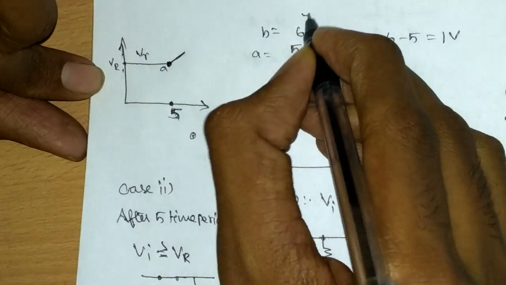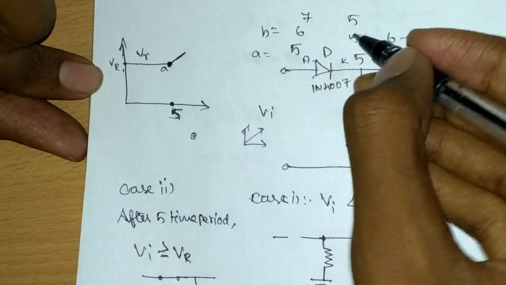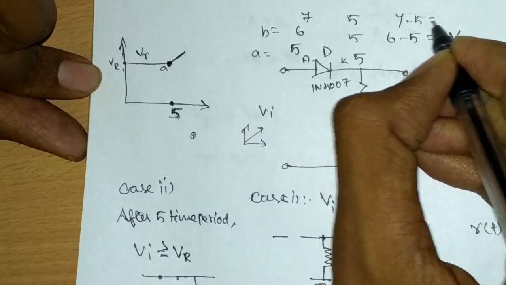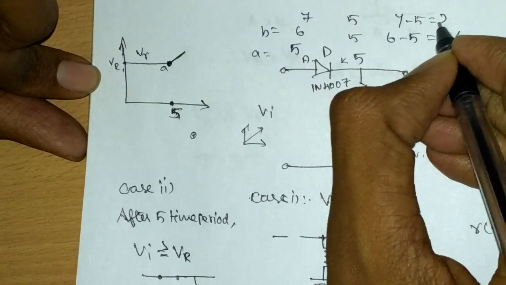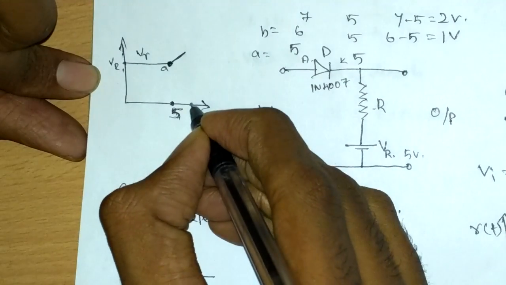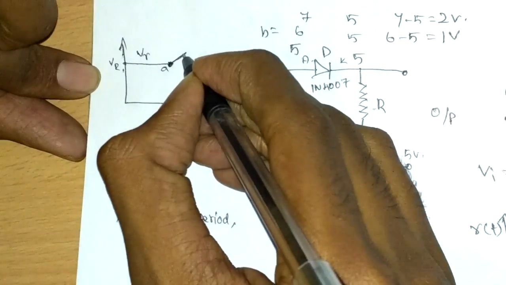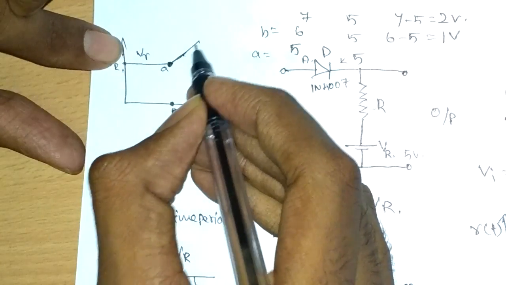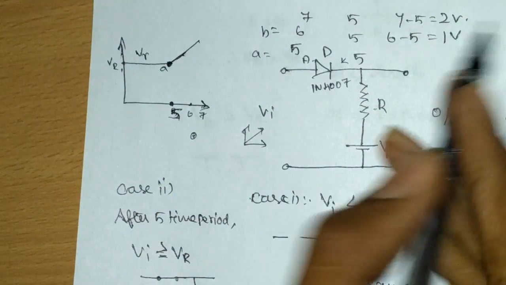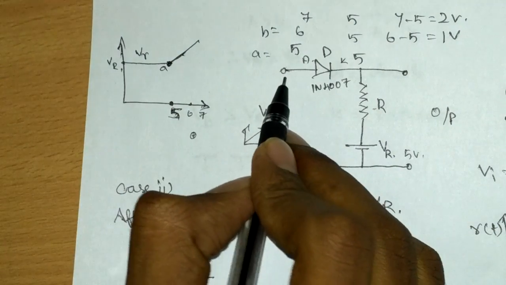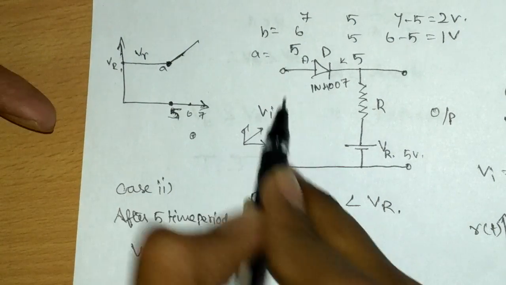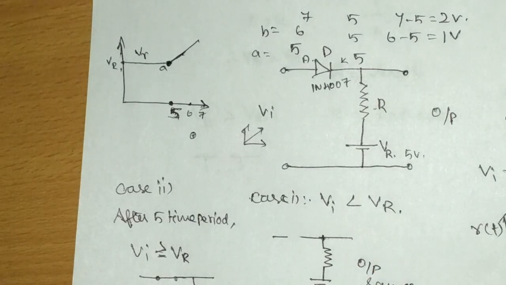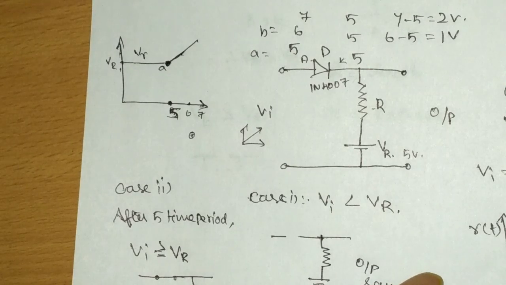Then when Vi is 7 and VR is 5, 7 minus 5 is 2 volt. So at time 7, the output will be 2 volt above the reference voltage. So the difference between Vi and the reference voltage VR is taken as the output by comparing Vi with VR. This is called the diode comparator.